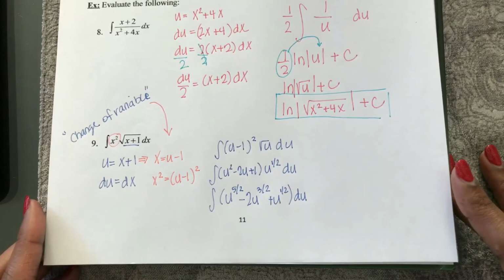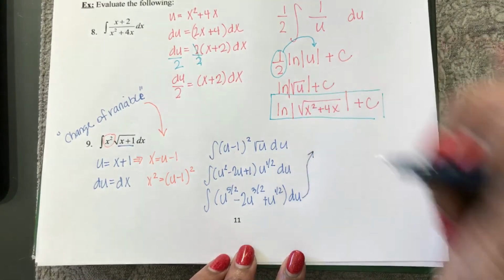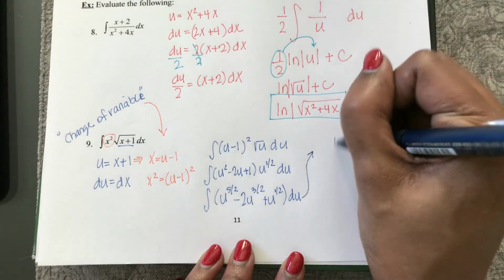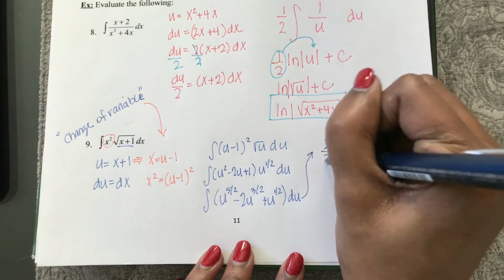Now this is looking like something we can definitely take the antiderivative of. So let me go ahead and do this in a different color on the next step. So the antiderivative of u to the 5/2, adding 2/2, that becomes u to the 7/2. Dividing by 7/2, I have 2/7.